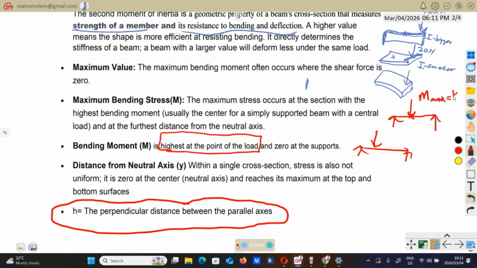Or you can use this formula, WL over 4. For this one, where the load is not acting at the center, the maximum bending moment will be WAB over L.